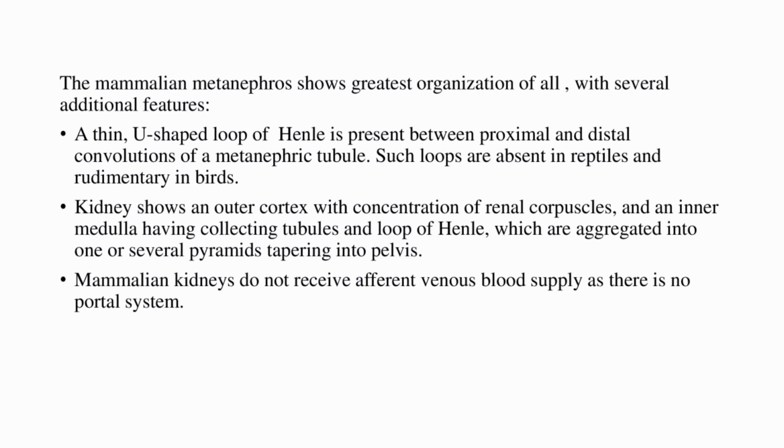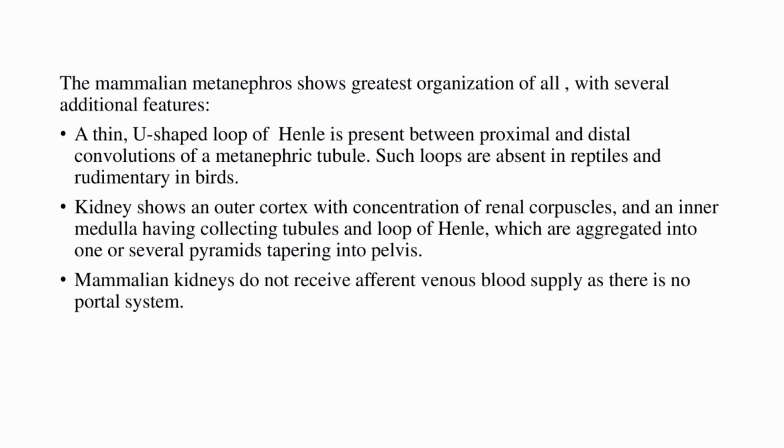The mammalian metanephros shows the greatest organization of all, with several additional features. A thin U-shaped loop of Henle is present between proximal and distal convolutions of a metanephric tubule. Such loops are absent in reptiles and rudimentary in birds.